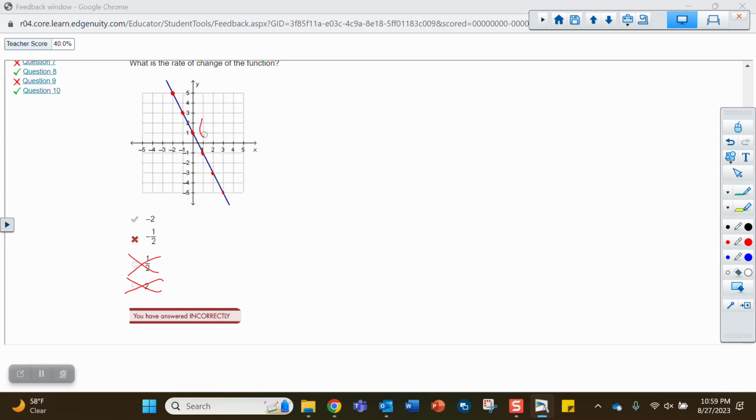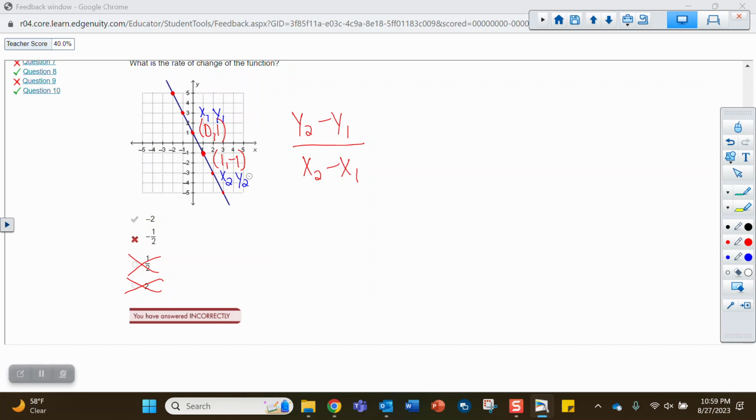So if we pick 0, 1, and then I'll pick this one right here, which is 1, negative 1. So we want to do y2 minus y1 over x2 minus x1, and I'm going to label my points also. I'm going to label this one x1, y1, and this one x2, y2, and it doesn't matter which one you name 1 and 2.